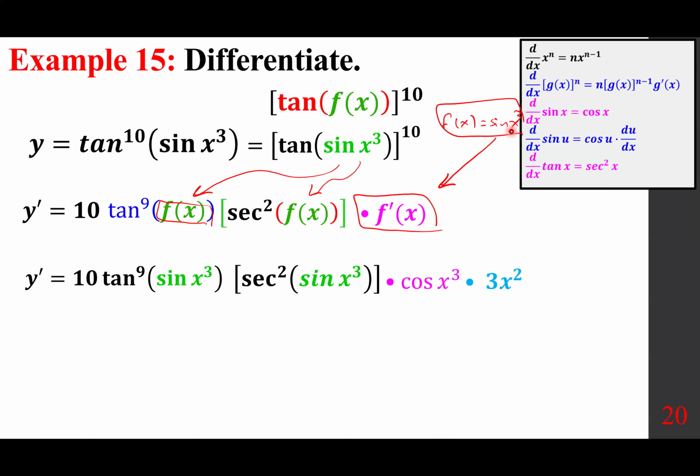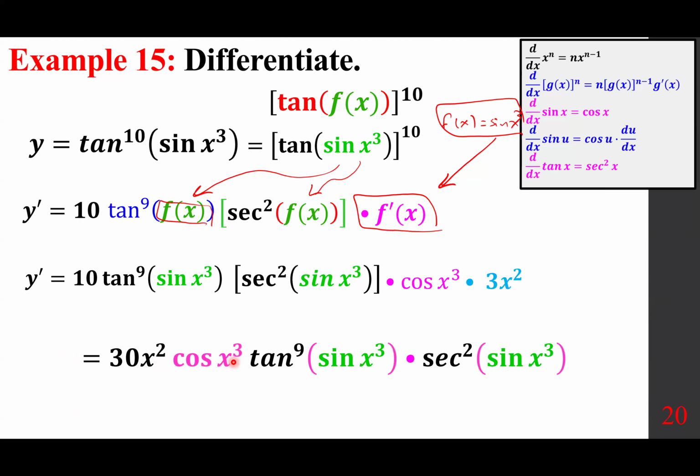We are going to rewrite. The way we're going to rewrite this, we're going to put these two together. We get 30x squared in the front with cosine x cubed, and then we write the rest of it. So 30x squared, cosine x cubed, tan to the power of 9 of sine x cubed, and secant squared of sine x cubed. That would be the final answer.